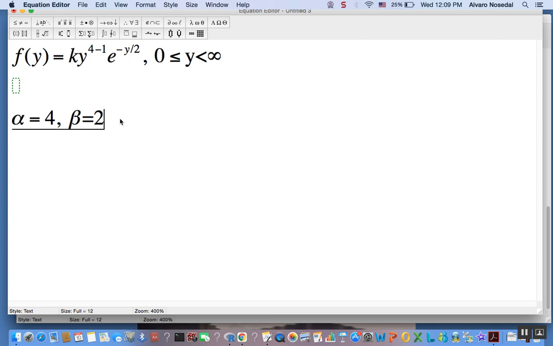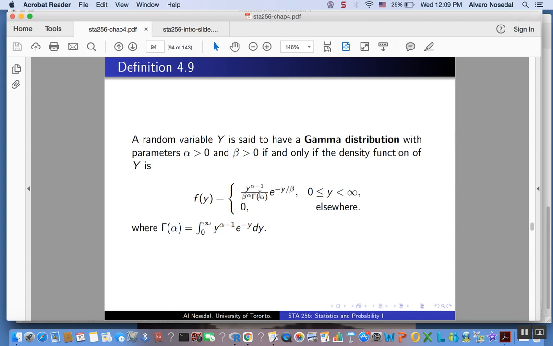But if that's the case, that k that we need there in order to have a legit probability density function must have this form: 1 over beta to the alpha times the gamma function evaluated at alpha. So 1 over beta to the alpha times the gamma function evaluated at alpha.